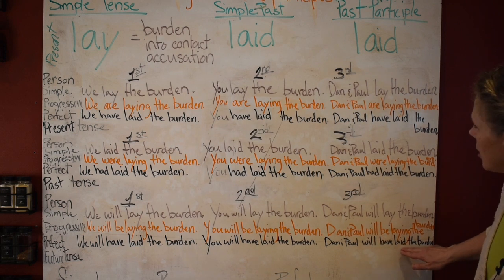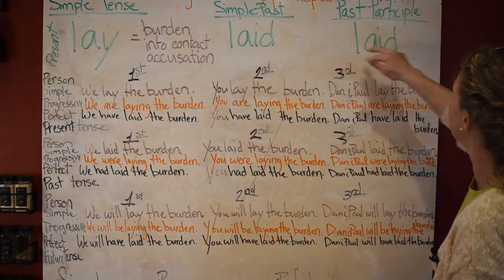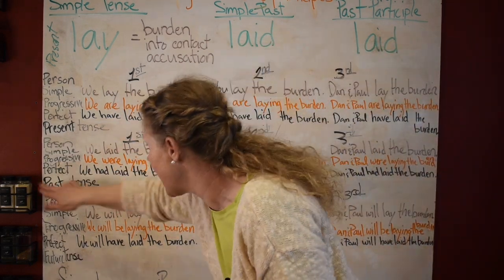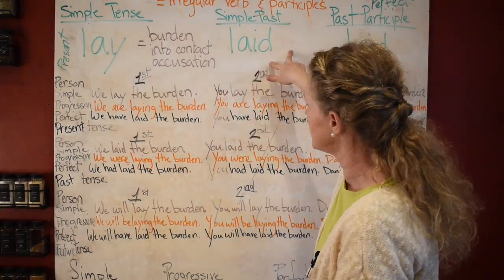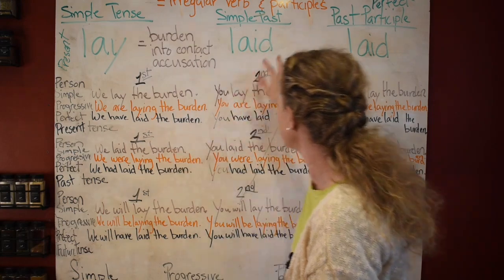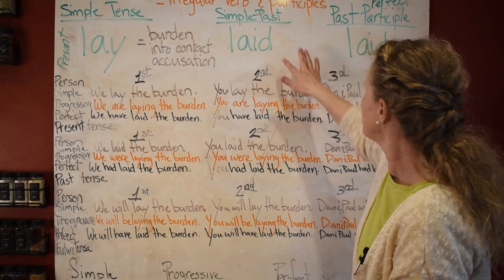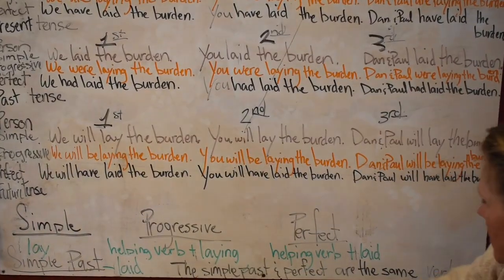So make sure that when you are in the perfect, you have to use the past participle. When you are sitting in the past tense, you need to use your simple past as laid, right there, when you're using simple. So that's where it's really confusing. So let's look down here.